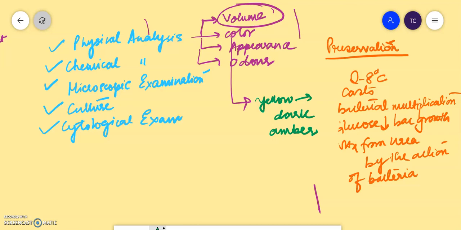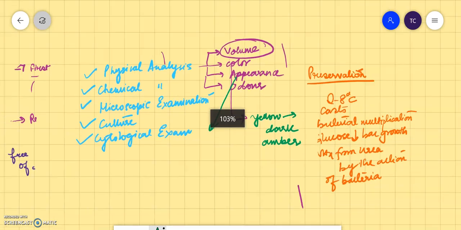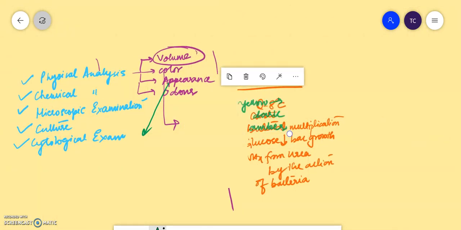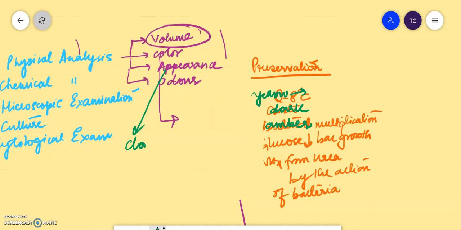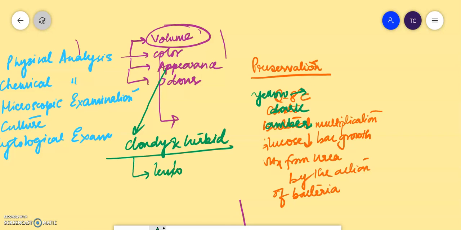Appearance: normal urine is usually clear. Urine may appear cloudy or turbid. If the urine appears cloudy and turbid, what can be your interpretation? Your interpretation will be that it is because of the presence of leukocytes and epithelial cells.